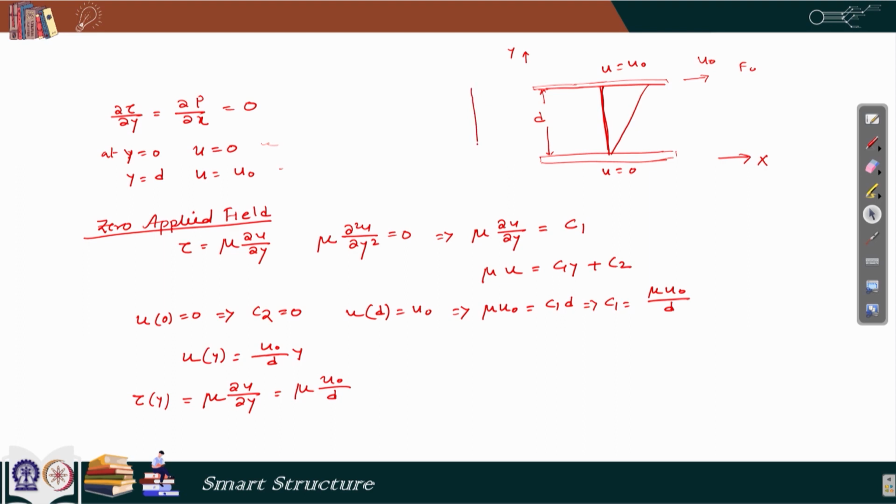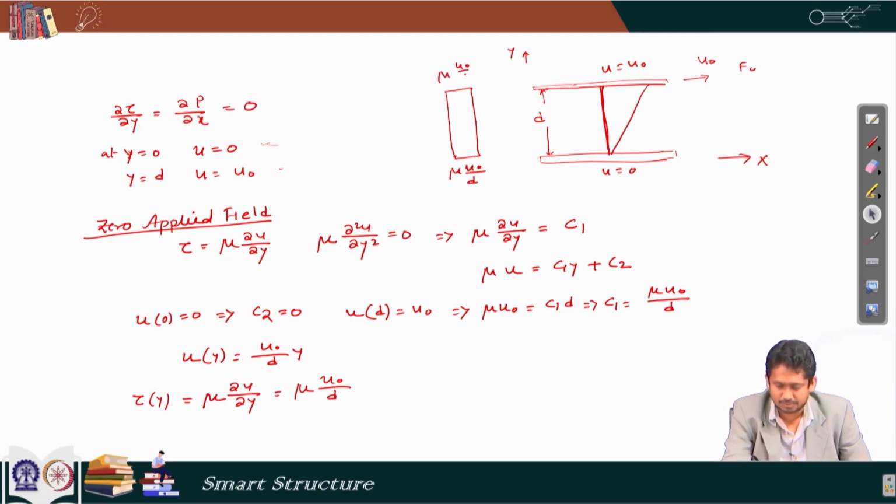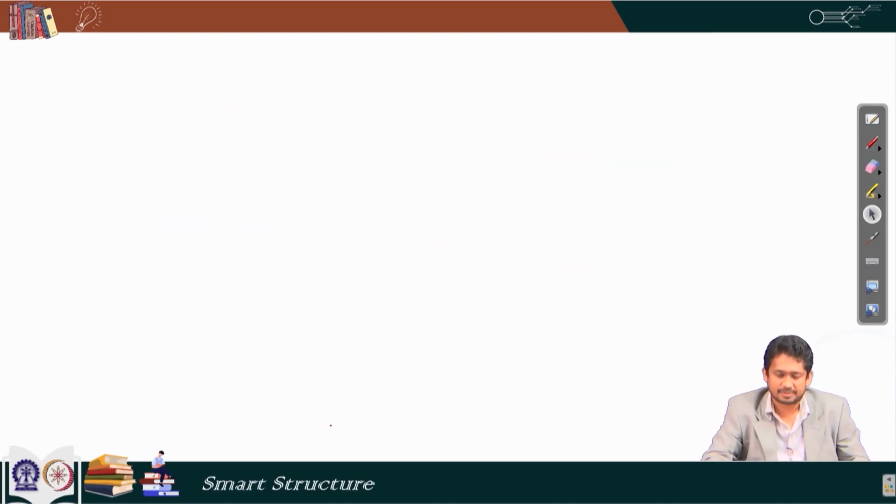So, on the same figure, if I draw the shear stress variation, it is just mu u0 by d, that is the tau versus y graph for our case. Now that we know the shear stress, we know the velocity, now we can find out the equivalent damping for this case.